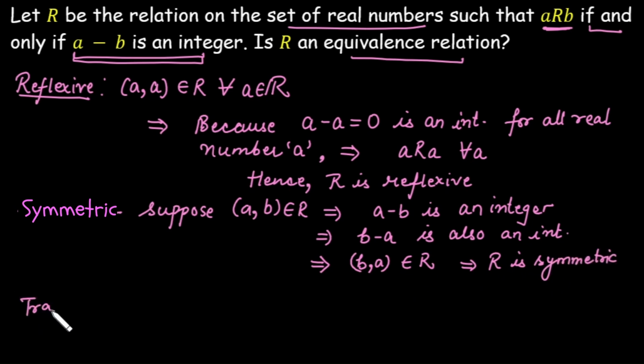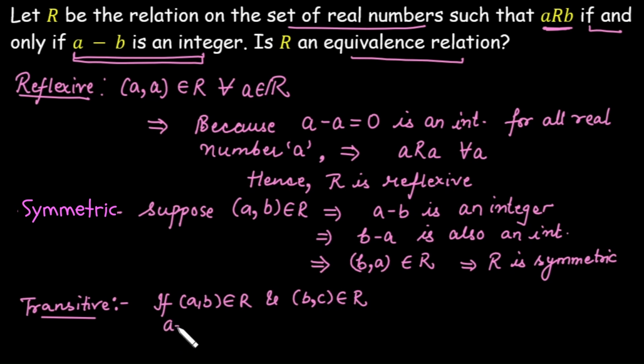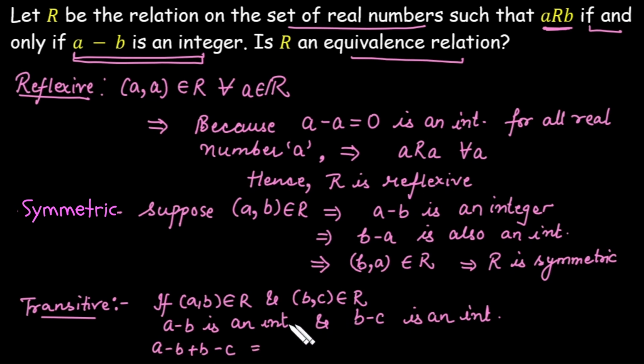Now for the transitive. If (A, B) is a part of relation and ordered pair (B, C) is a part of relation, it means A minus B is an integer and B minus C is also an integer. So we can write A minus B plus B minus C. We can add them because the addition of two integers is again an integer.